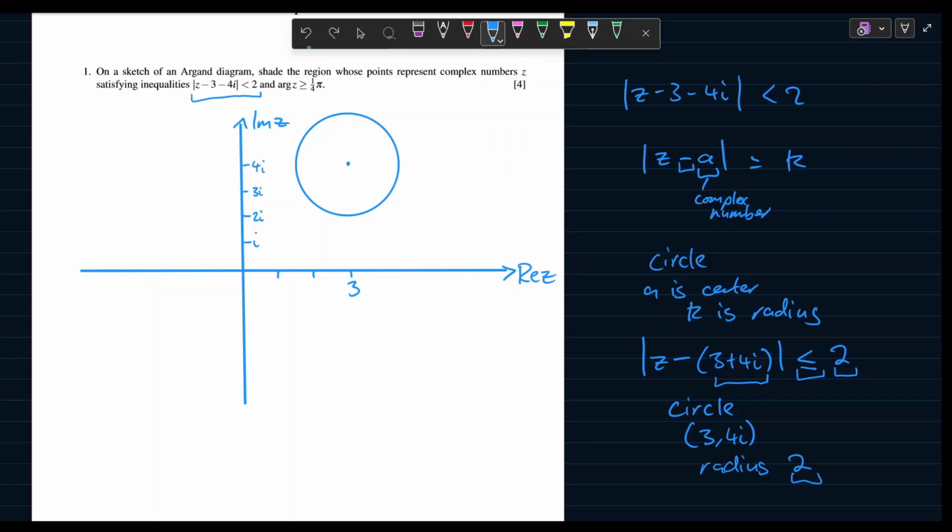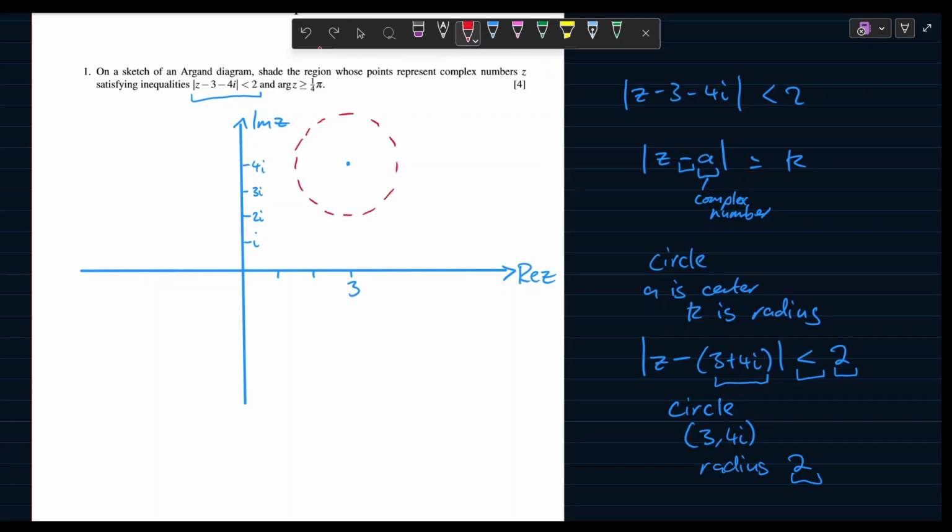If it was less than or equal to, then we would include the points on the circumference. So instead of having a solid line here, we're going to need to have a dashed line. So I'm just going to trace over so that we've got a dashed circle, and then I'll remove the solid line.